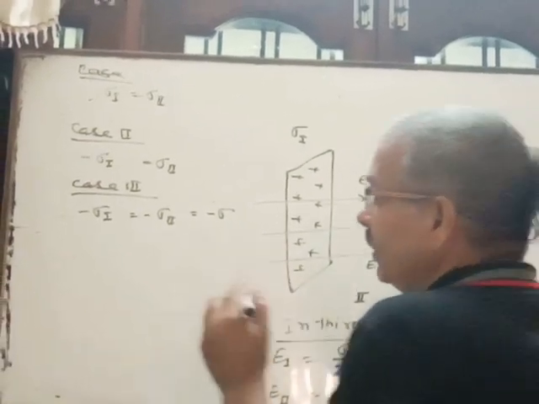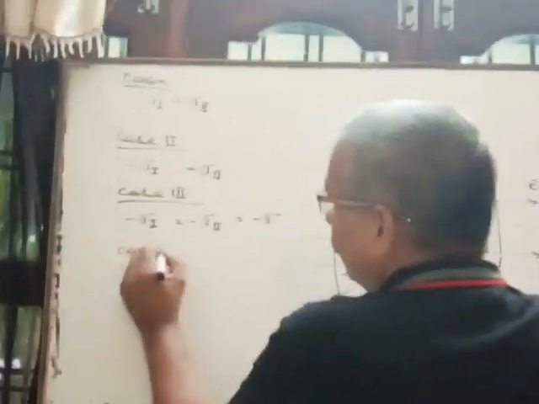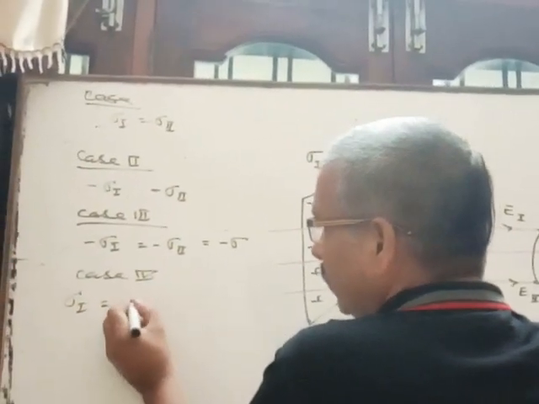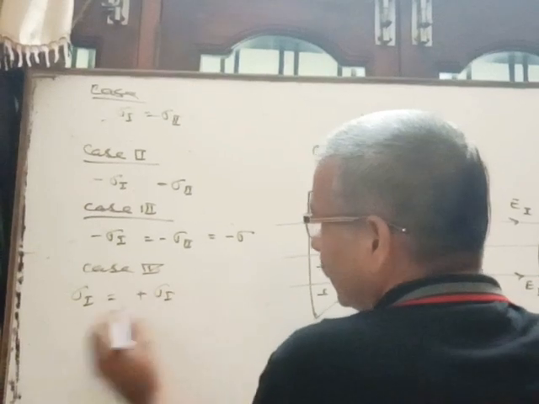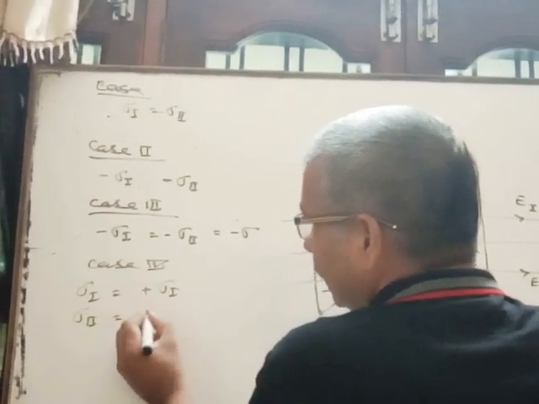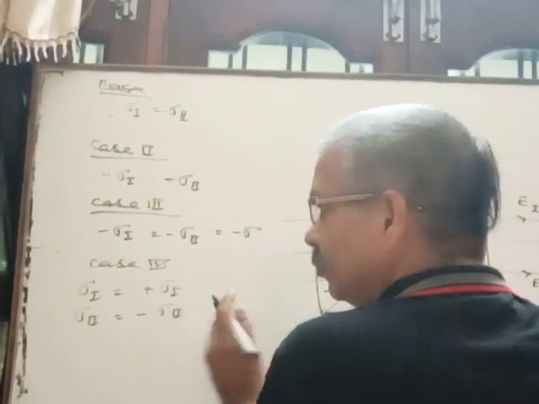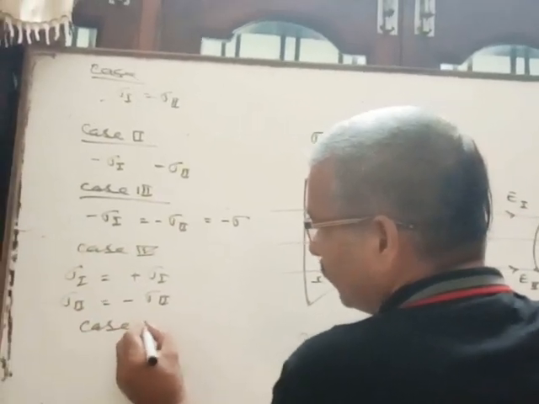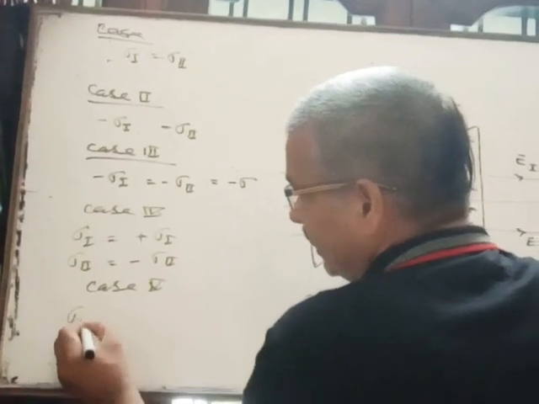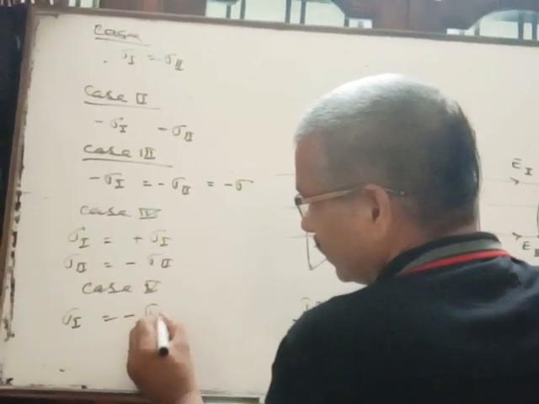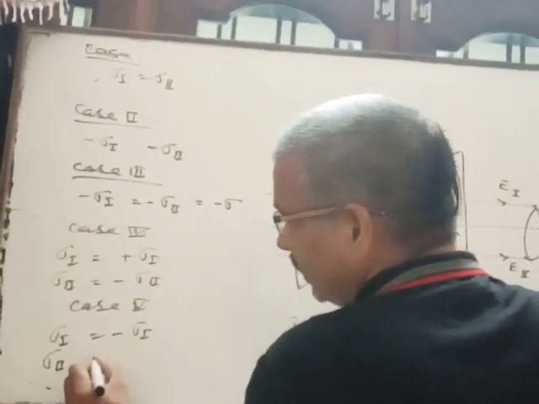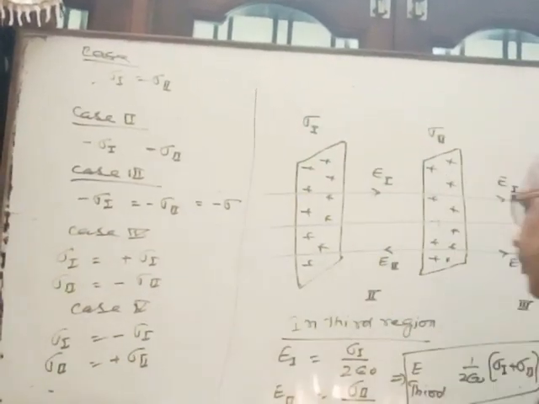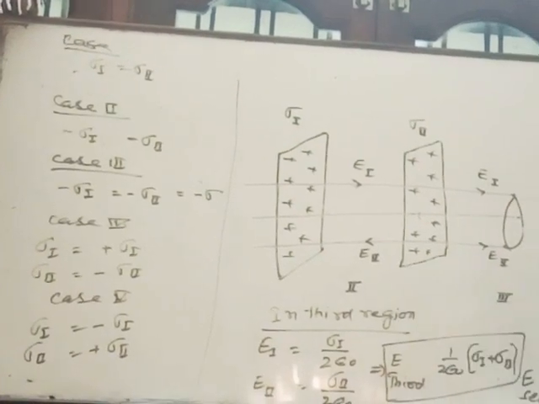If one is positive and the other is negative, suppose case fourth, if sigma first is equal to plus sigma first and sigma second is equal to minus sigma second, you will get another result. Case fifth, if the first one is negatively charged, minus sigma first, and the second is positively charged, that is plus sigma second, you will get different results for all the three regions.